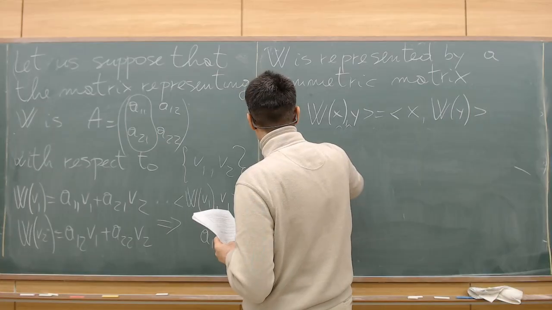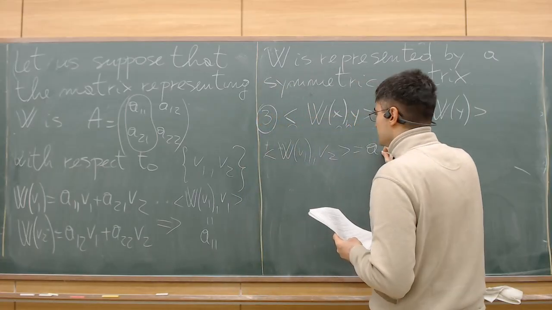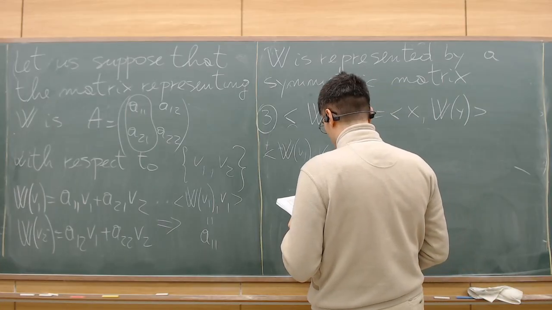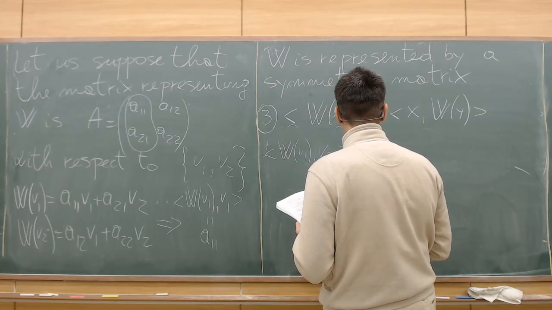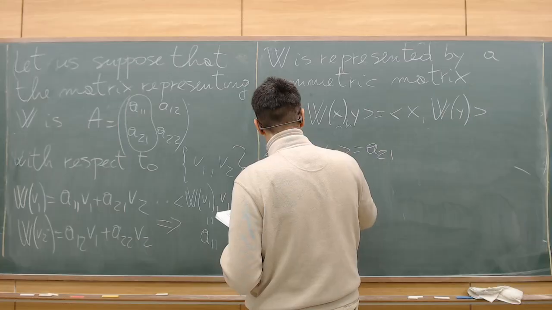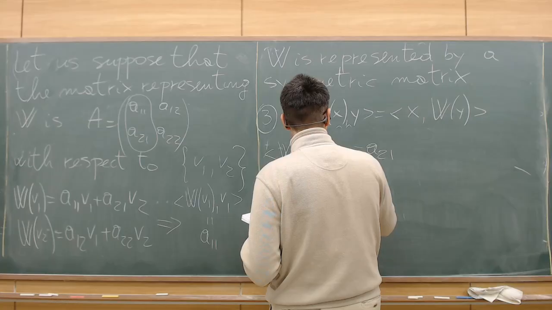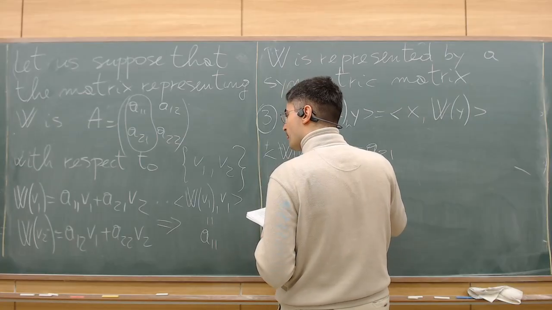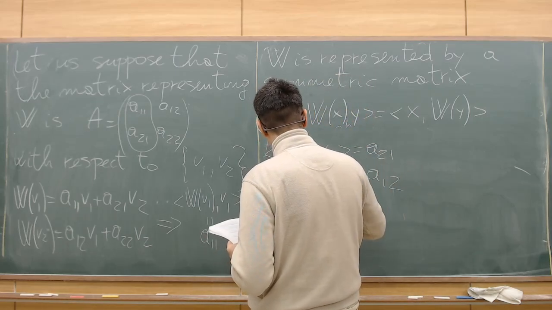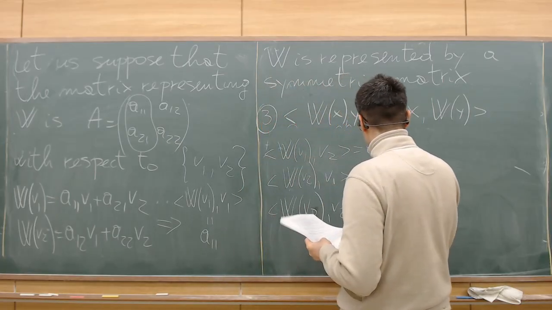If you consider W V1 multiplied by V2, you will get A21. If you consider W V2 multiplied by V1, you get A12, and if you consider W V2 multiplied by V2, you will get A22.